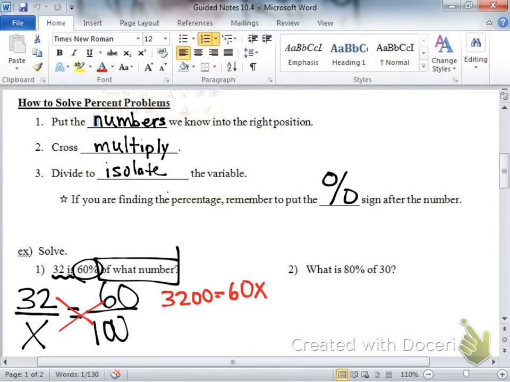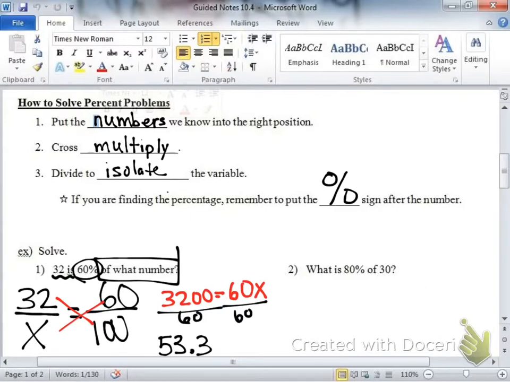What is 3,200 divided by 60? 53.3333333. Today we are rounding everything to the nearest tenth. So I only want one number after the decimal.